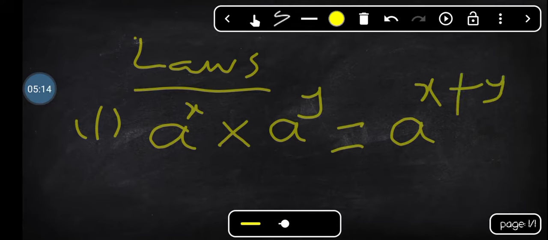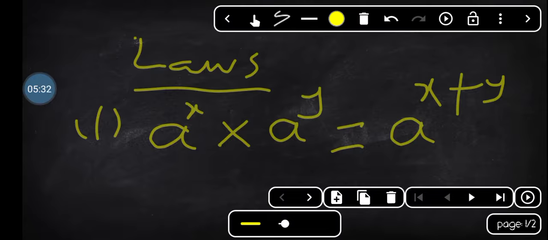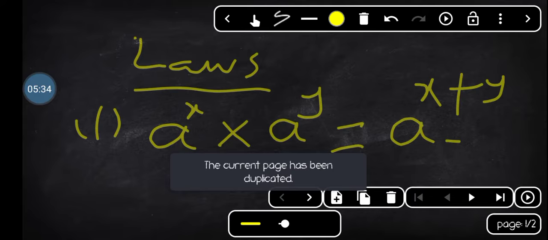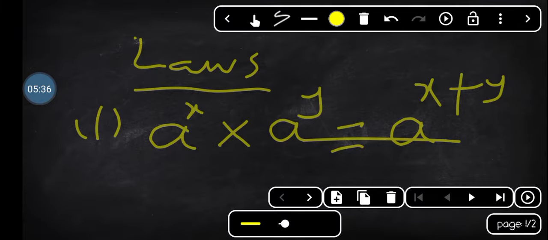That is the first law: a raised to power x times a raised to power y equals a raised to power x plus y.